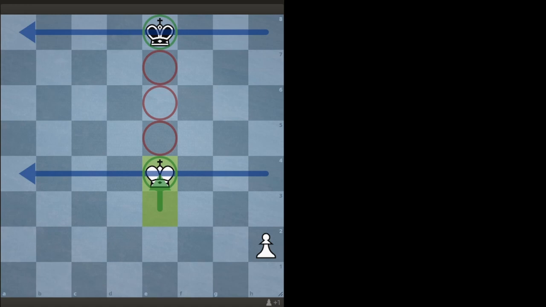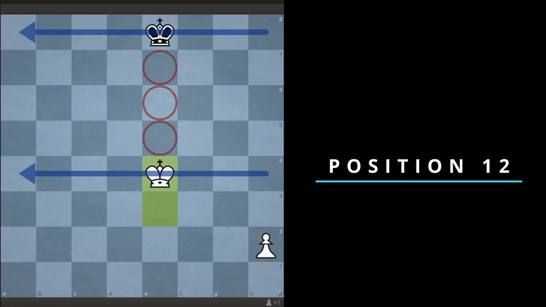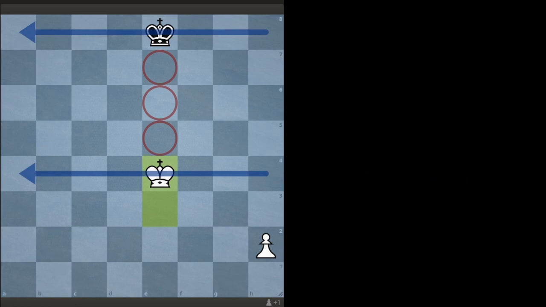Now let's have a look at the next idea, because at this moment we'll see what happens if the king of the weaker side makes progress. Previously we saw the king getting onto the square d8, and now let's see what happens if the king makes progress. What is going on?